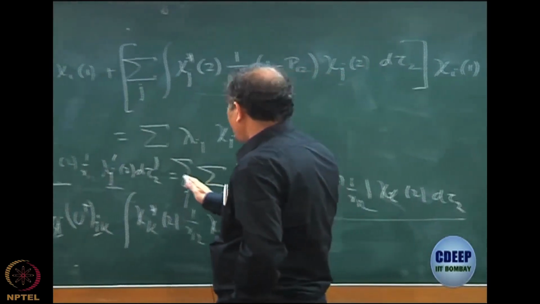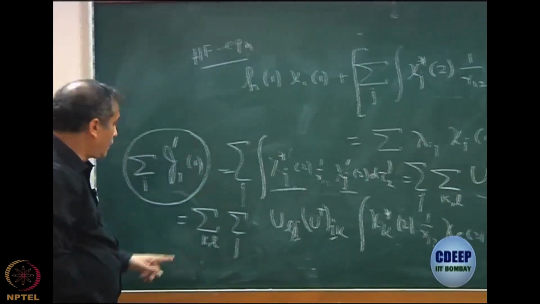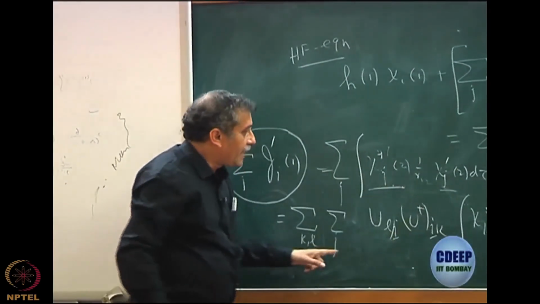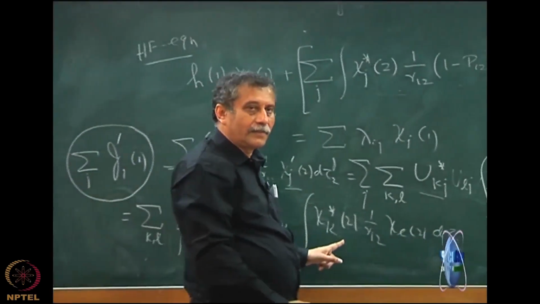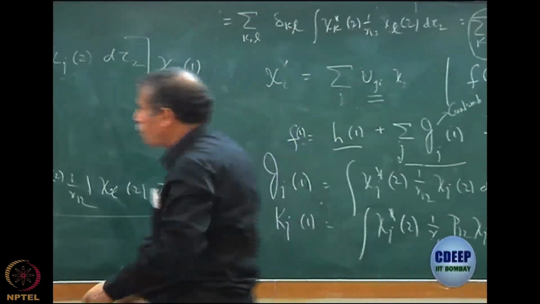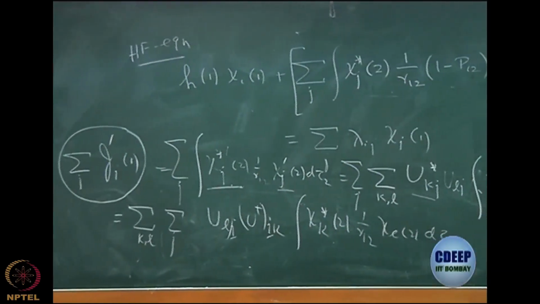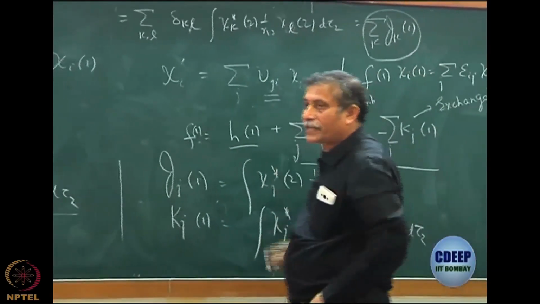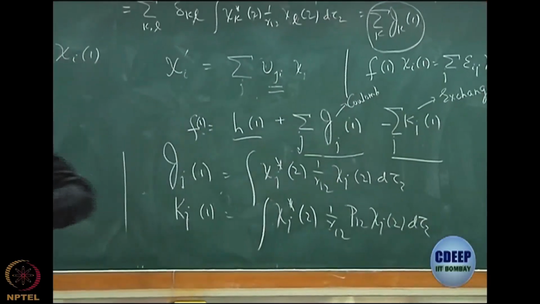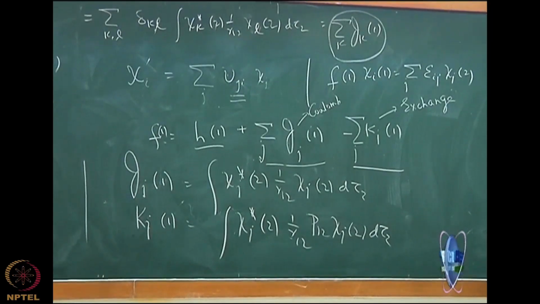Then I said, let us sum over J first. So I just interchanged these two summations, summed over J first, and that is nothing but delta KL or delta LK into this. So that is what I got. So J is now over, so it's only a sum over KL, and then since K is equal to L, this is nothing but sum over J K or sum over J L. It doesn't matter. K is equal to L. So all Coulomb operators, not each of them.